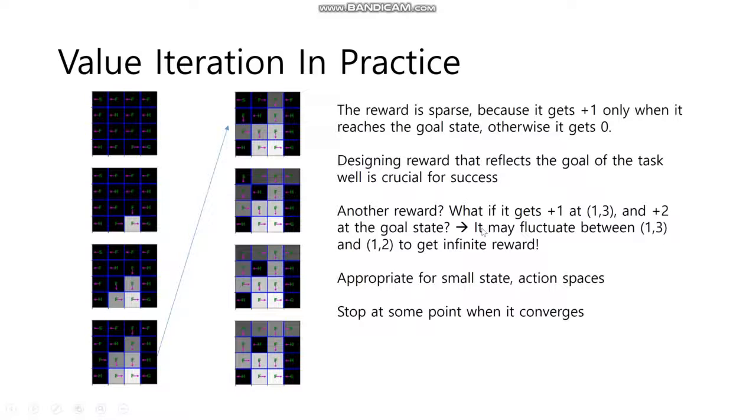But it turns out that it may fluctuate between 1, 3 and 1, 2, like this, to get infinite reward, because the horizon is infinite. Value iteration is appropriate for small state and action spaces, as I said, and in practice, we have to stop the algorithm at some point when it converges.